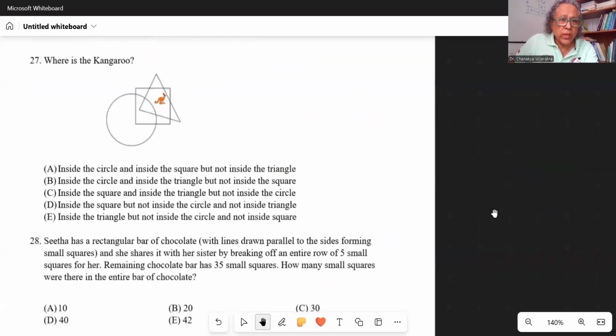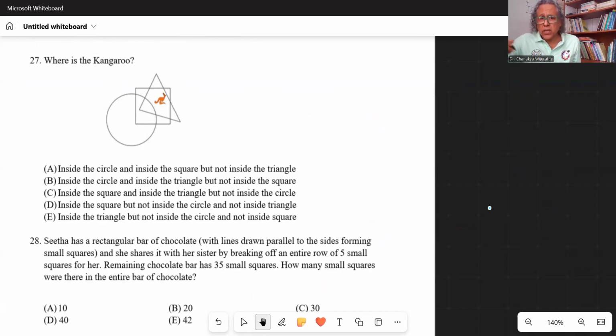Where is the kangaroo? Well, the kangaroo seems to be trapped somewhere, and there's a circle, a square, and a triangle. Now, where exactly is the kangaroo trapped? That is what we need to figure out here.